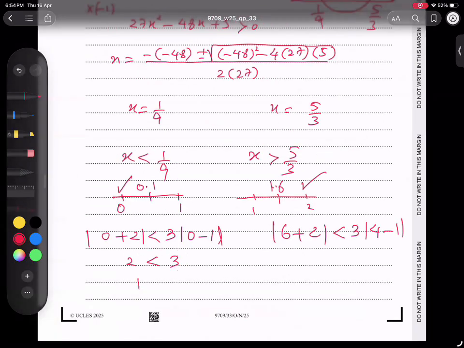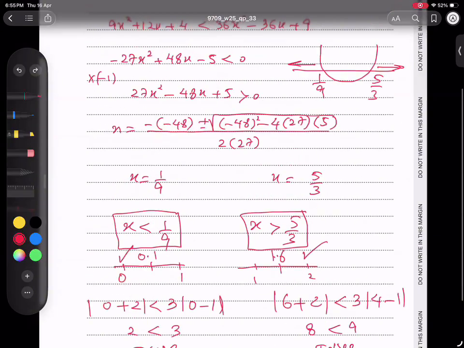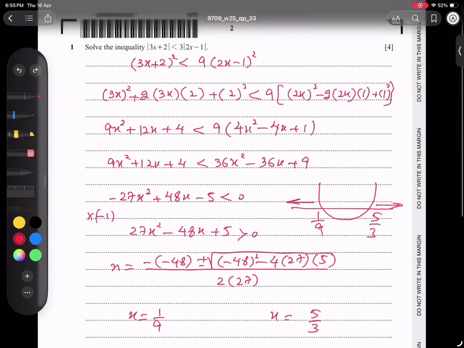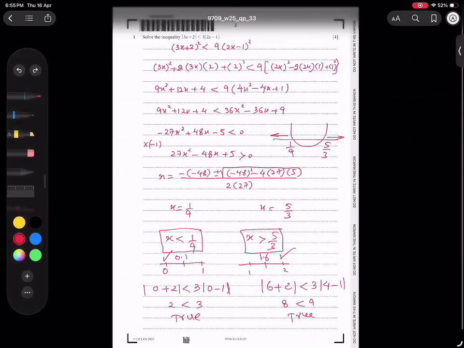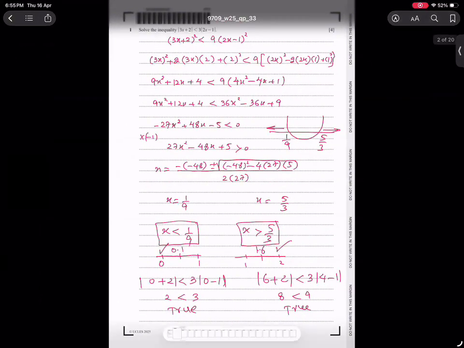So this is my answer. What about this? 8 is less than 9, so also true. So this is my answer. I hope you got the point. If one inequality becomes false, then I will not take that answer. But if a graphical solution is available in the first part, where he gives you a graph, then we go the graphical way. That is the best way to solve this kind of question. I hope the concept of the question is clear.